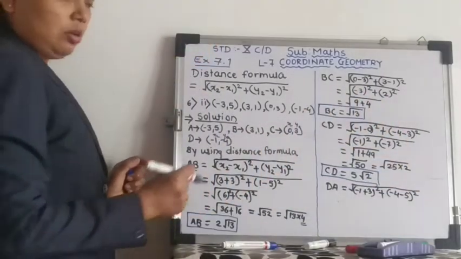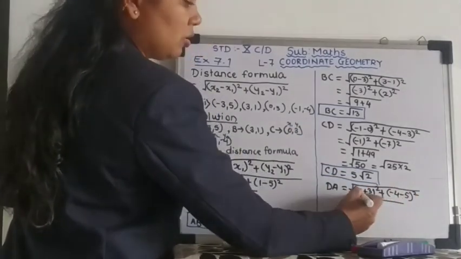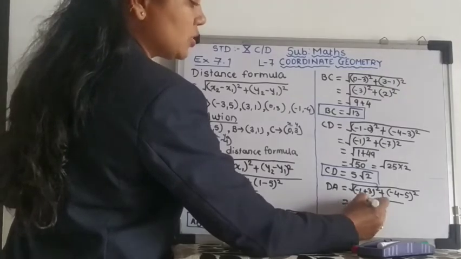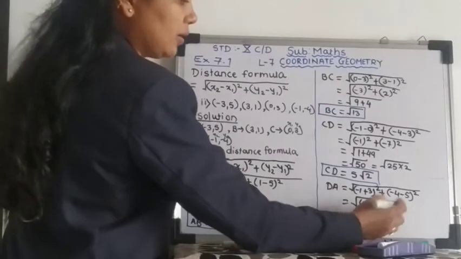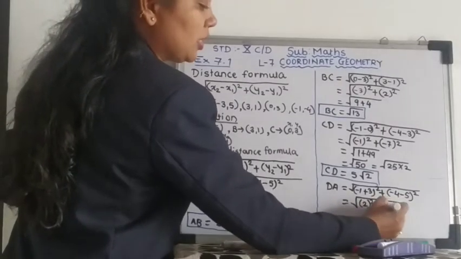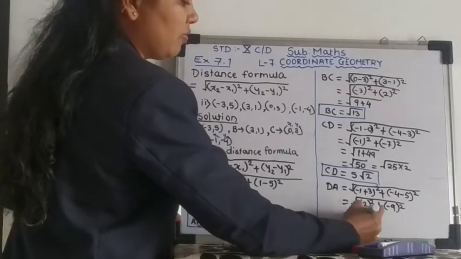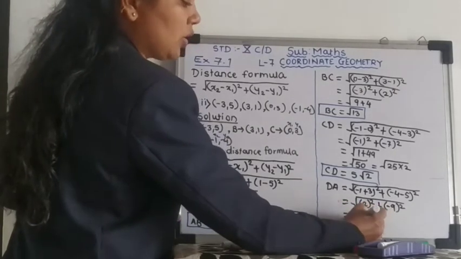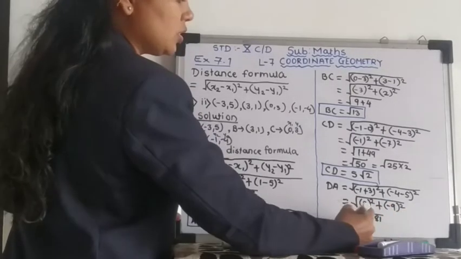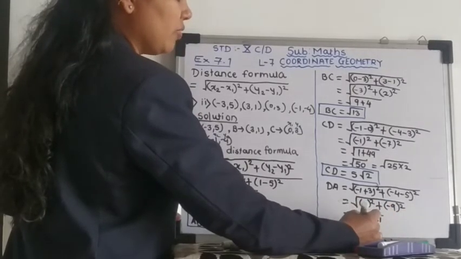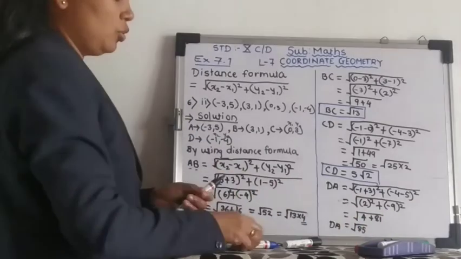So minus 1 and 3 gives 2 squared, because minus 1 plus 3 is 2, and minus 4 minus 5 is minus 9 bracket square. So 2 squared is 4 and 9 squared is 81, which equals root 85. DA we got root 85.